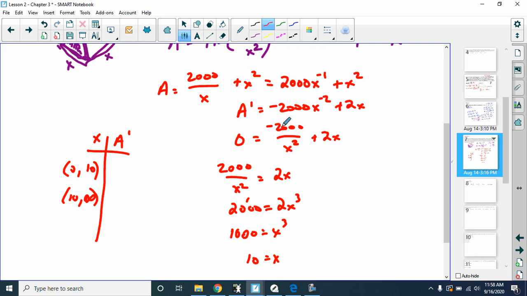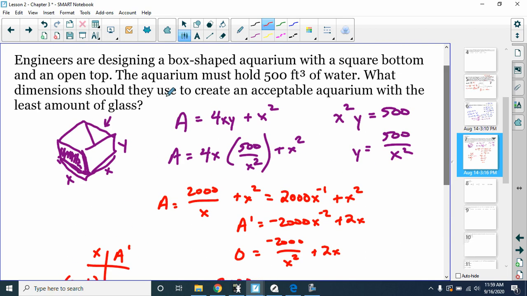If I plug in 1, I get negative 2,000 plus 2. That's pretty negative. And if I plug in 100, this is going to be 200, and this is going to be 100 squared. 2,000 divided by that's going to be really small. So this is going to be positive, which does prove we have a minimum value, which is what we're looking for. We wanted the least amount of glass.